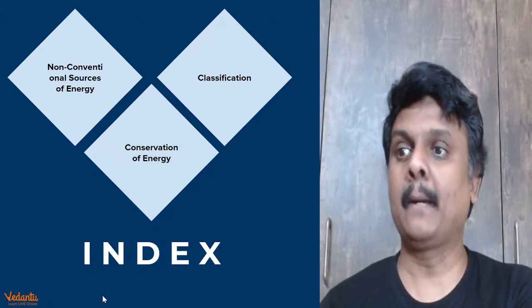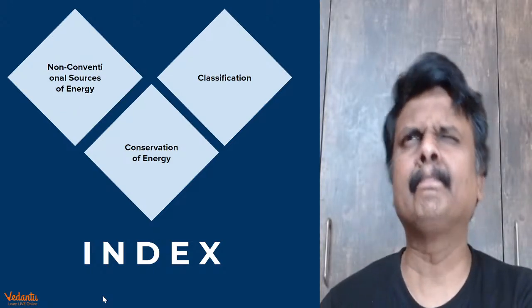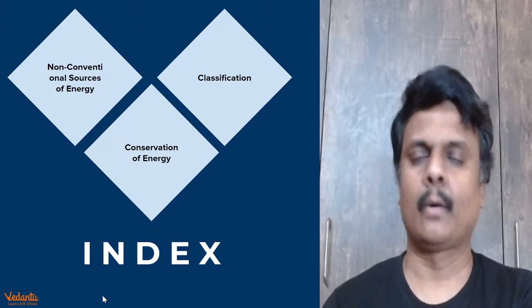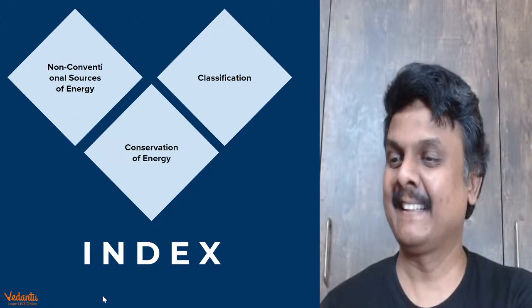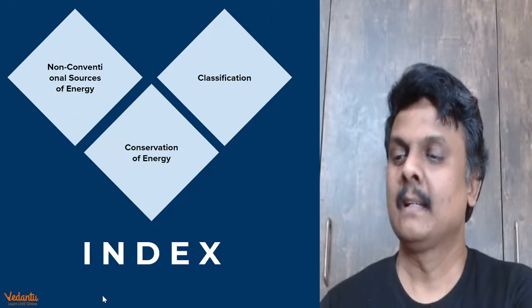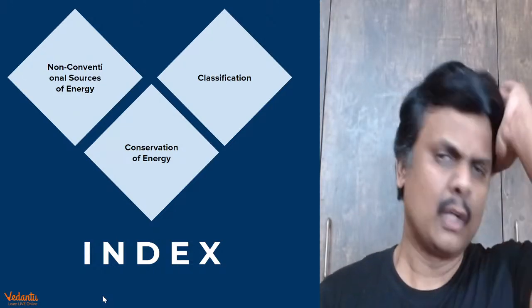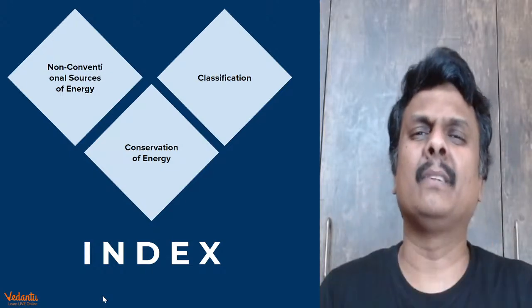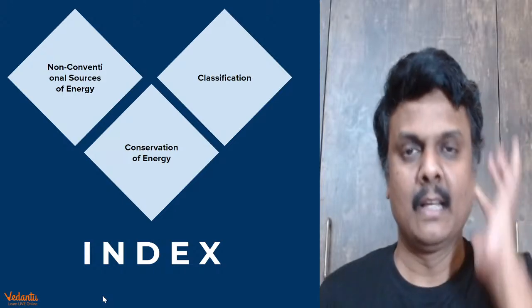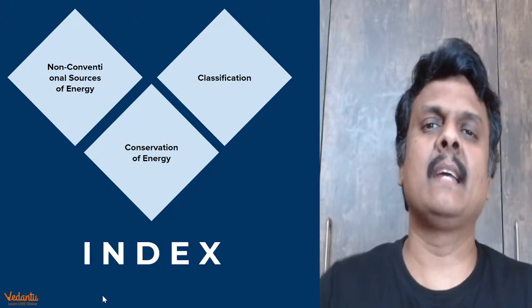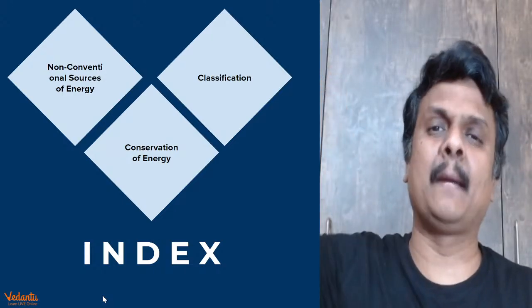Used a long time ago. Okay. Alright. Kind of correct, but not fully correct. Conventional is commonly or ordinary sources, generally used sources. So conventional is something that has been used for a long time.